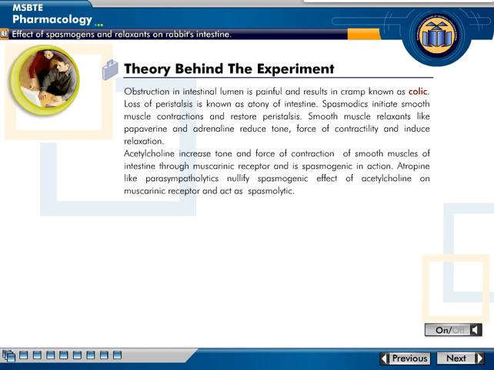While atropine-like parasympatholytic drugs nullify the spasmogenic effect of acetylcholine acting on muscarinic receptor and act as a spasmolytic.